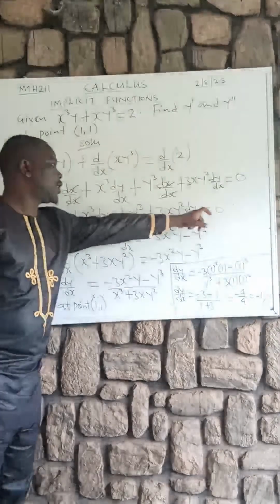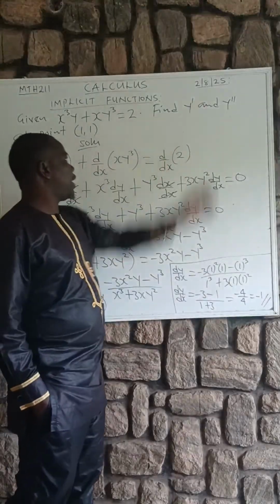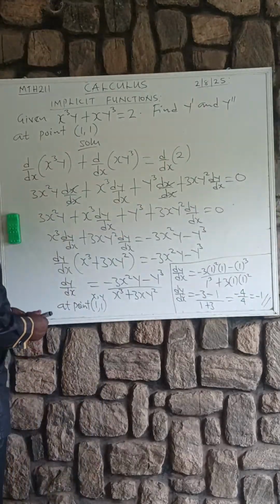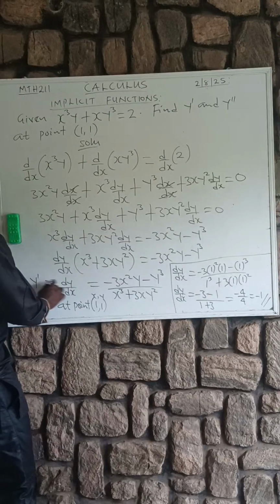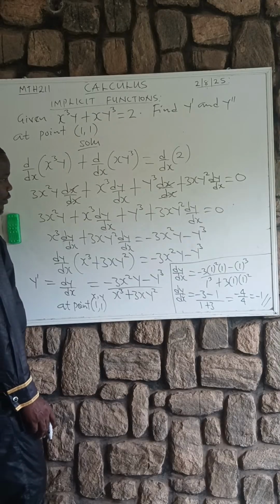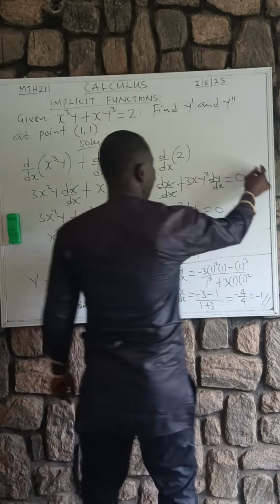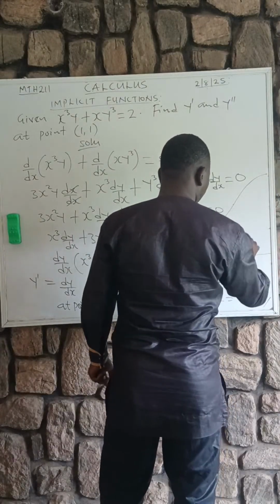You differentiate this to obtain y prime prime. It means y prime is equal to dy over dx, isn't it? True or false? So this means that y prime is equals to minus 1.